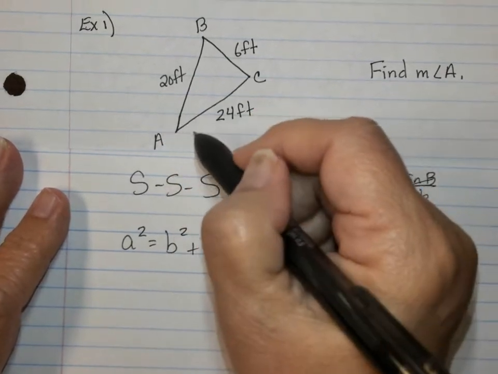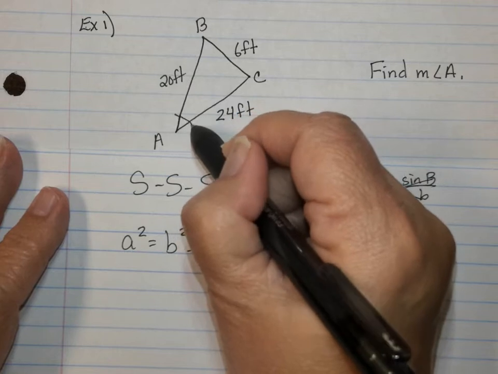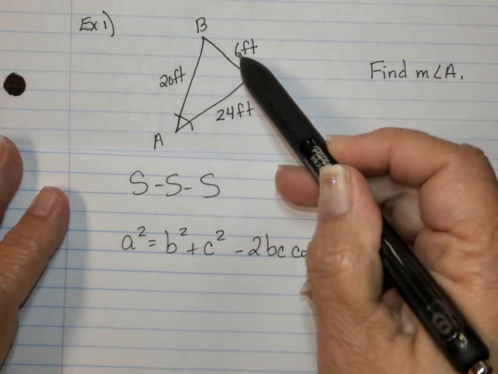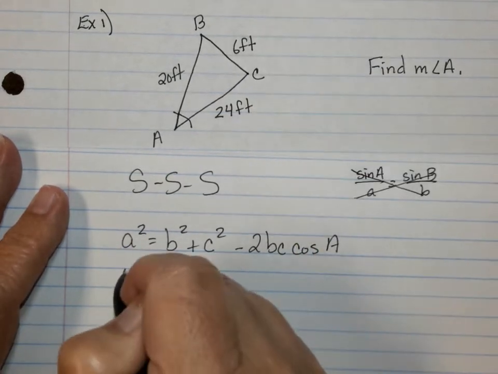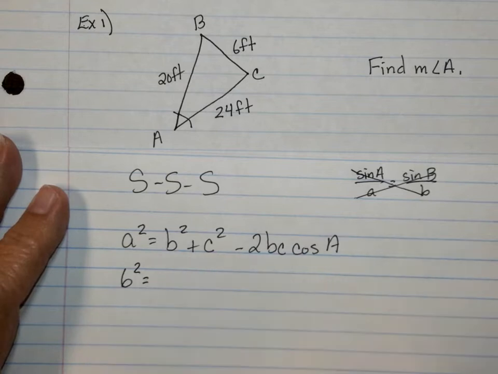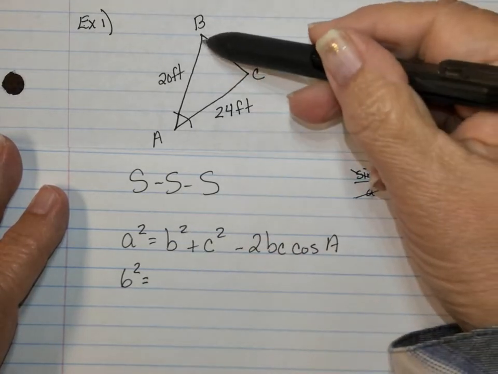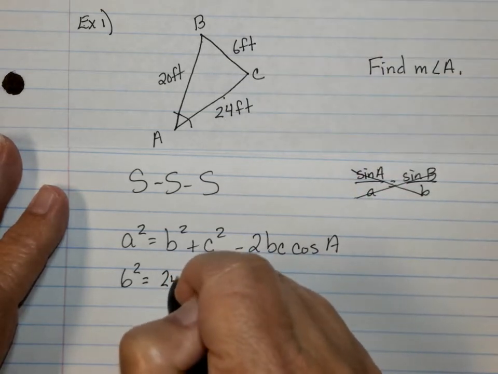So we have to decide which one of these is a. Here's angle A, so side a is across from angle A. Side a is 6 feet. Side b is across from angle B, so side b is 24.